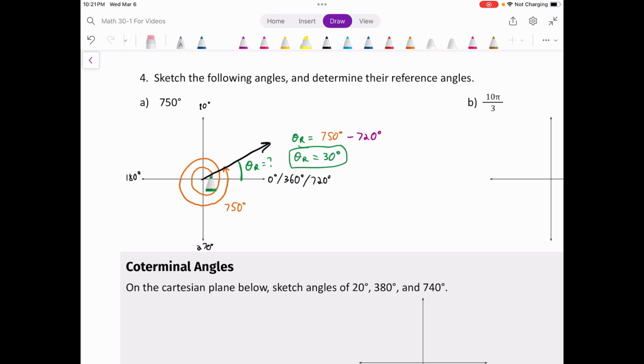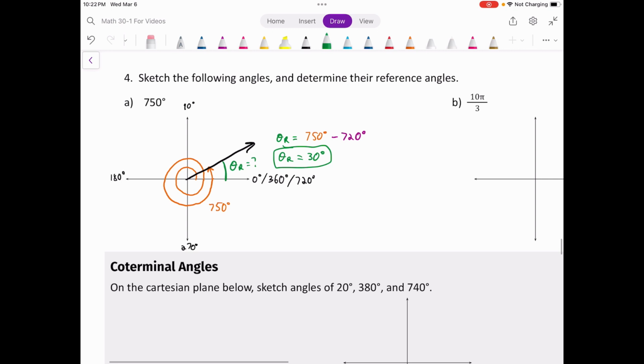We're going to go a full 360 and then 720, and then we've got 30 more degrees to go to get to 750. So that makes a ton of sense that this would be 30 degrees. So notice the fact that it's more than 360 doesn't change anything about the reference angle. Still reference to the closest x-axis, still positive, right? Still between 0 and 90, all that good stuff. And again, because the whole point is to eventually build a nice little right angle triangle that we can do trig with.